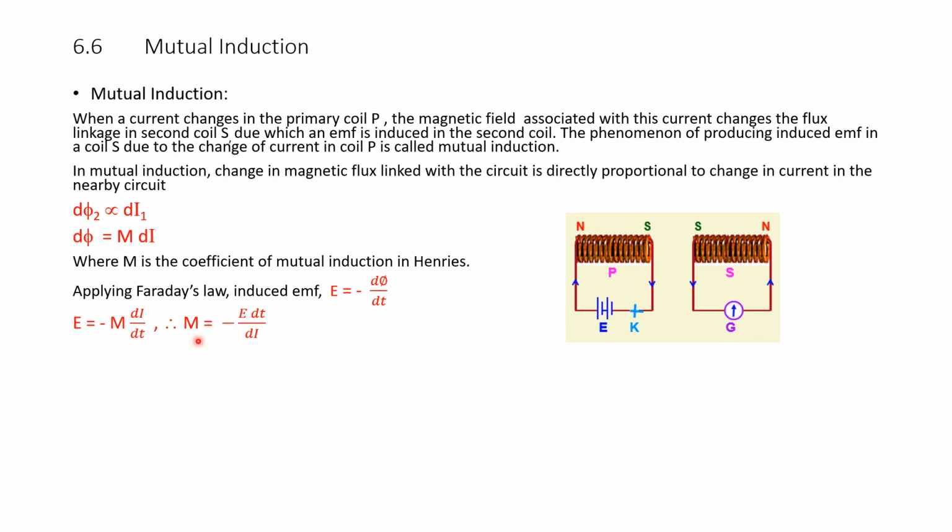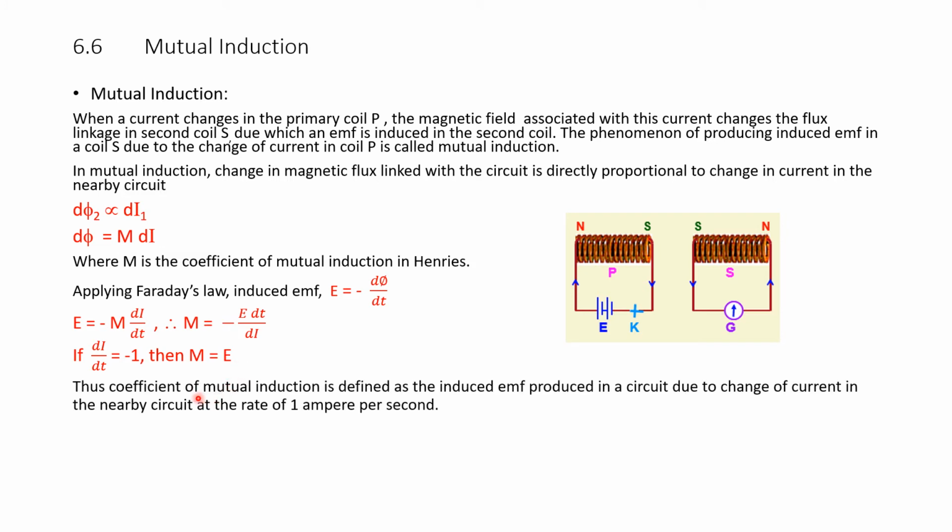Therefore, M is minus E dt by dI. If dI by dt equals minus 1, then M is equal to E. That is, mutual induction is equal to the induced EMF.